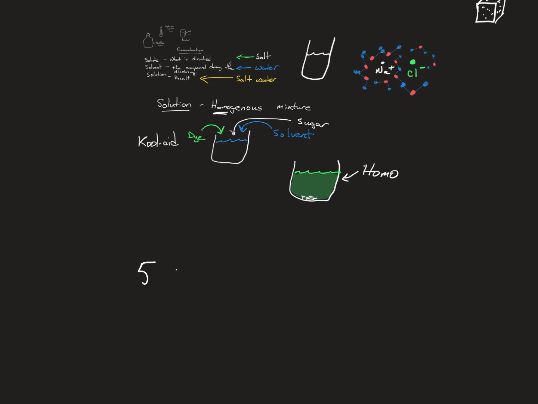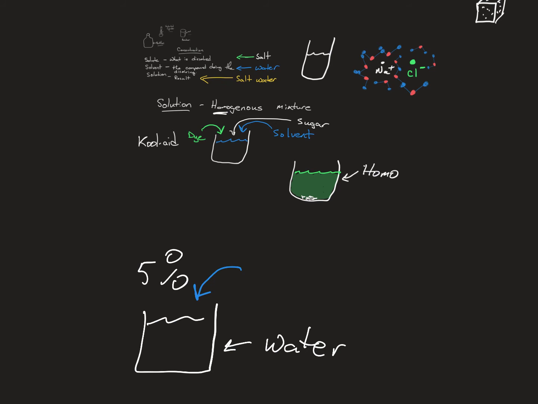So when we created these solutions, and you created a lot of sodium, when they have a 5% solution, what you have is a volume of water, the solvent, and then some volume of salt that you've added to it. So you've added some amount of salt to the water to make it 5%.